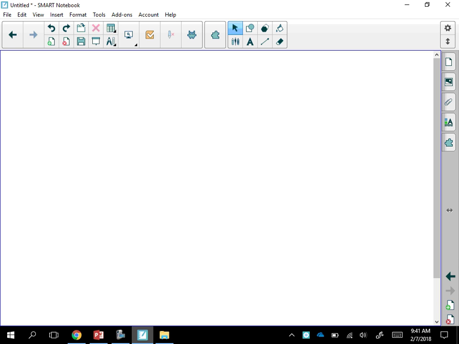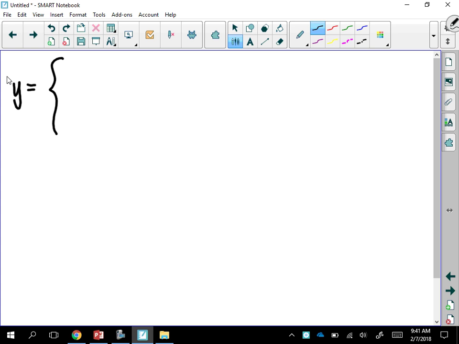All right, so let's make up a couple of piecewise functions here. We'll do y equals. Now, all piecewise functions are written in the same format. We have y equals, or, since they are functions, I might label it as f of x equals. It could be either one, doesn't matter. Just some kind of identification that the y values are outside of this bracket.